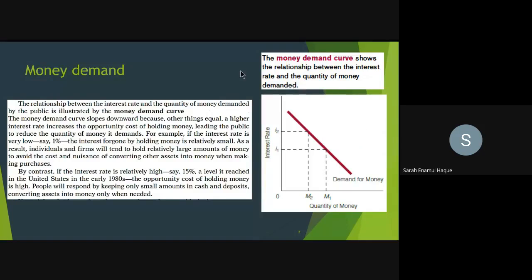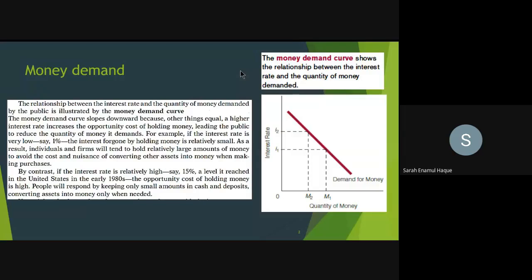Now, please recall in ECO 101, you had done demand and supply of goods and services, right? There was a downward sloping demand curve and an upward sloping supply curve. The same can be thought for money also.